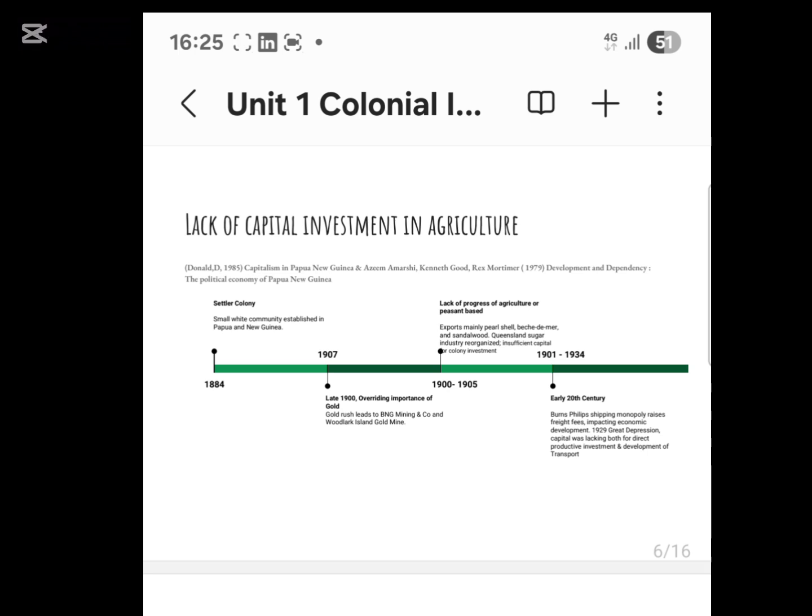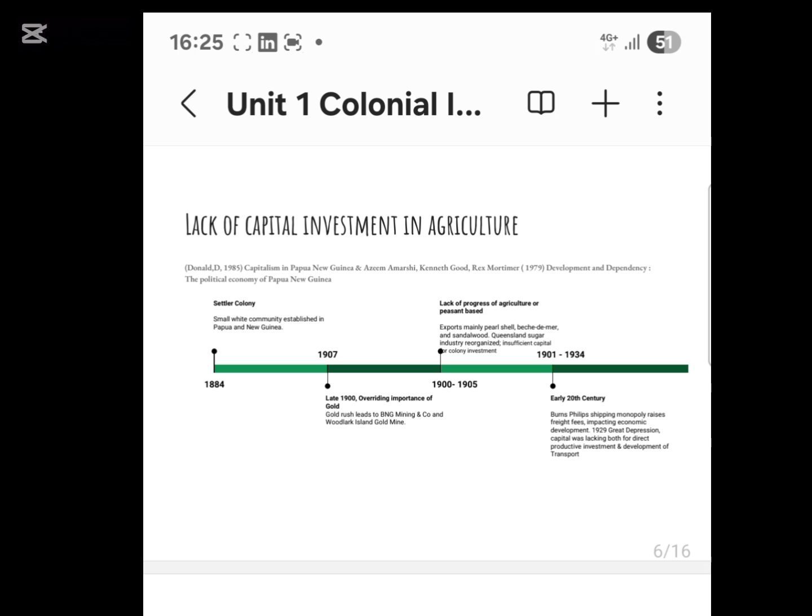Why agriculture? In political economy, agriculture is very important because that is the basis of any modernizing economy. They started from agriculture and then went to manufacturing industries. And here, the Papua region was struggling to at least have its foundation established. Its foundation was disturbed as a result of the Queensland economy and of gold prospecting.